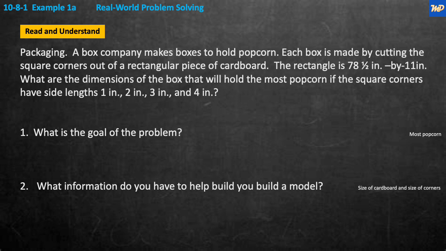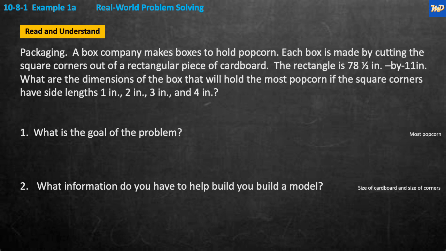The rectangle is 8.5 inches by 11 inches. What are the dimensions of the box that holds the most popcorn if the square corners have side lengths of 1 inch, 2 inches, 3 inches, and 4 inches?